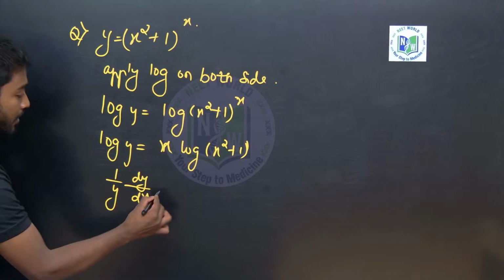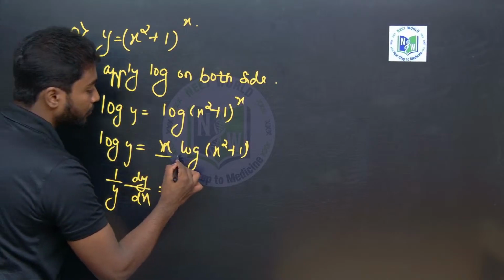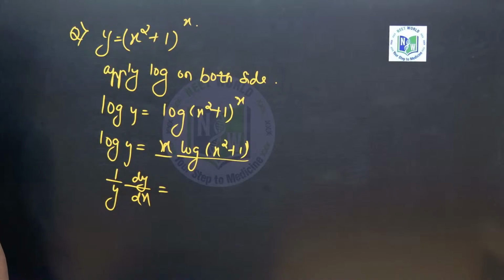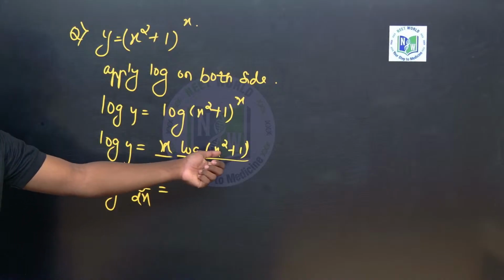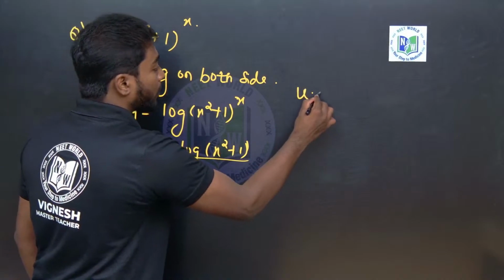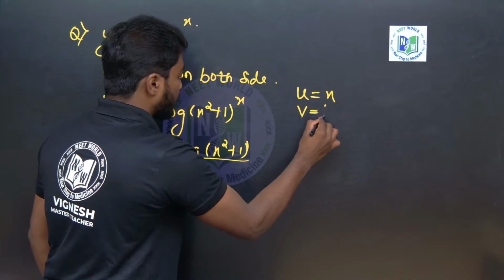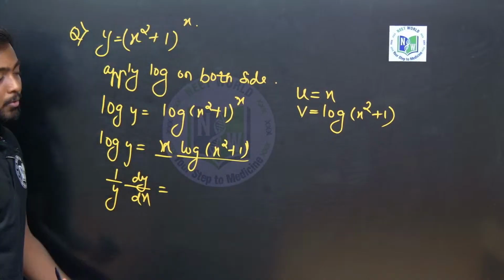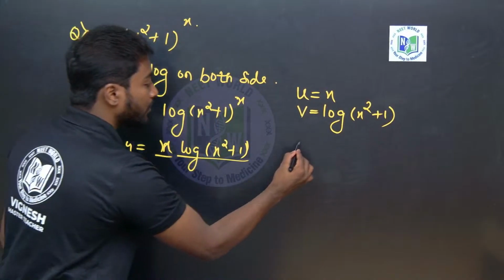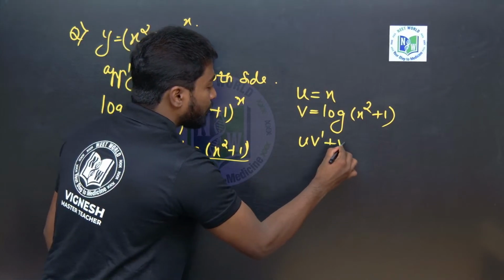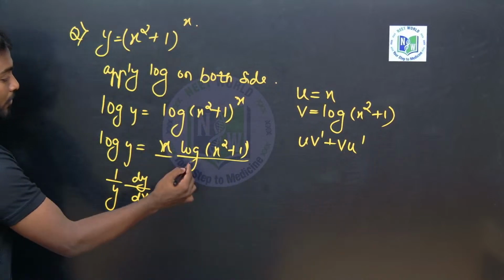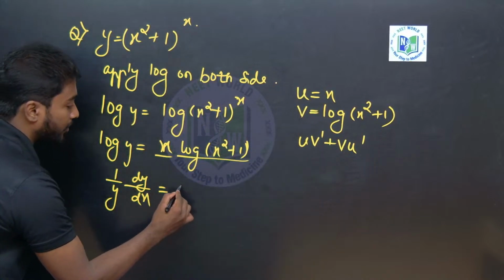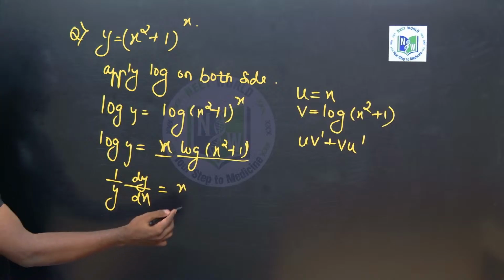this is in the form of uv. So consider u = x, v = log (x square plus 1). What is the formula for uv? That is u v dash plus v u dash. So first write u as it is, that is x. What is v dash?